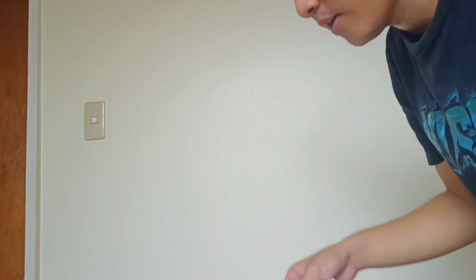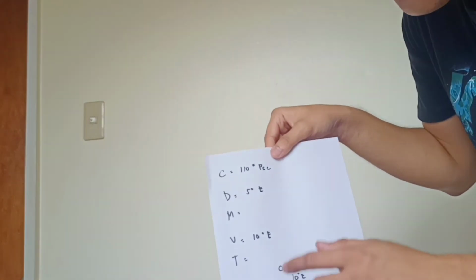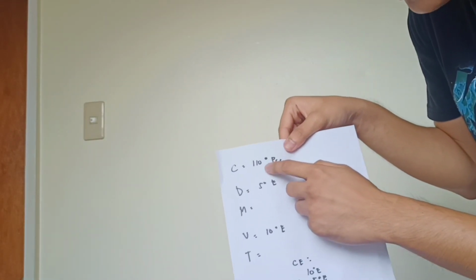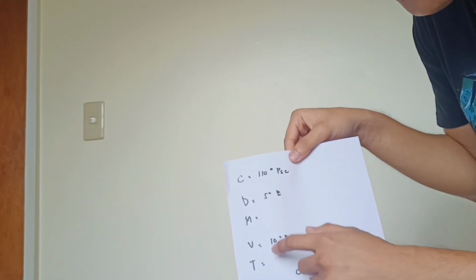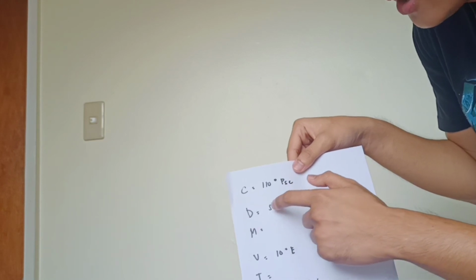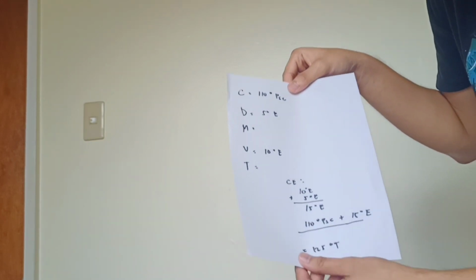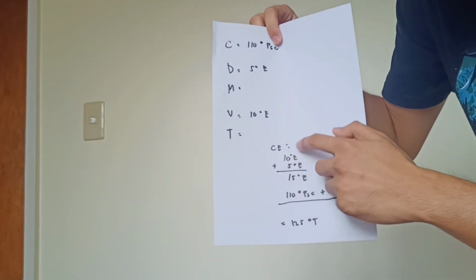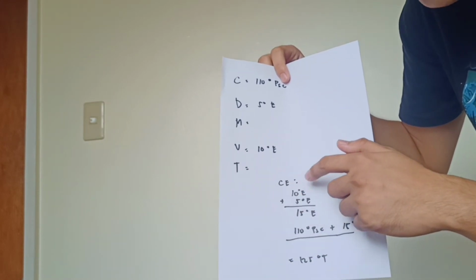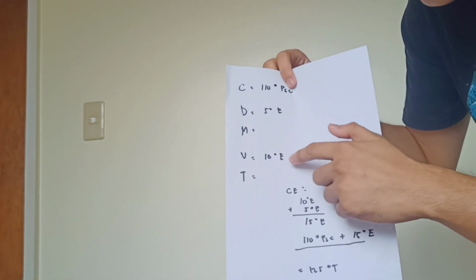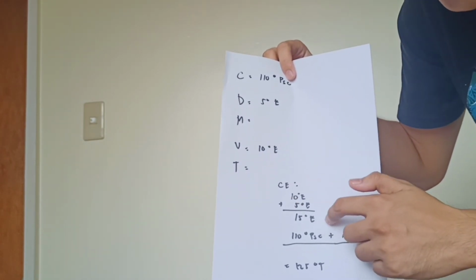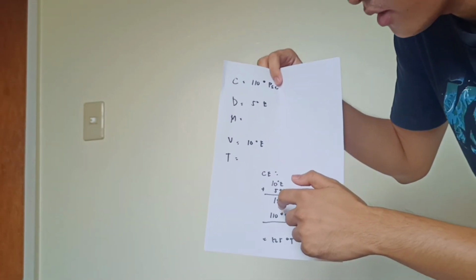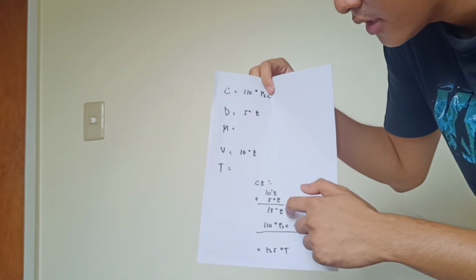Let's take another example for us to understand thoroughly. We are given 110 degrees per ship's compass. We are given also here the deviation and the variation. We will use the shorter method, the shortcut. We add these two since they are both east. 10 plus 5, we have 15 degrees east.